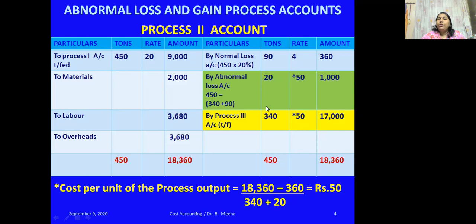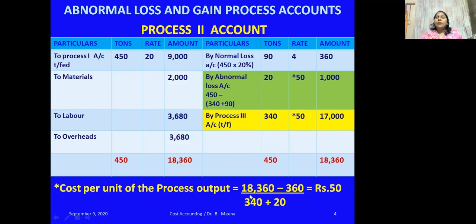Since there is an abnormal loss, we can close the debit side. Okay. So 450 in the units column, and the amount column is 18,360. Then how can we calculate the cost per unit?